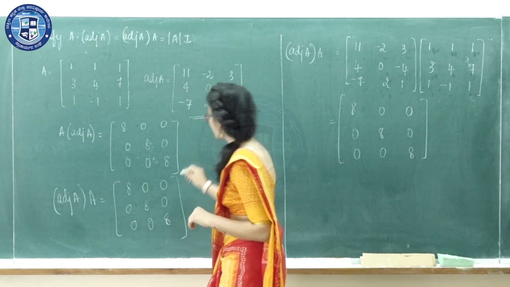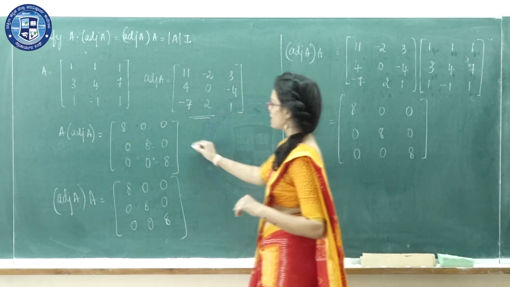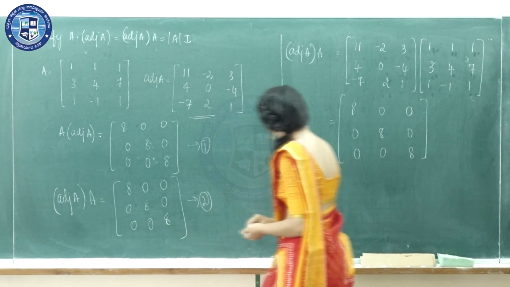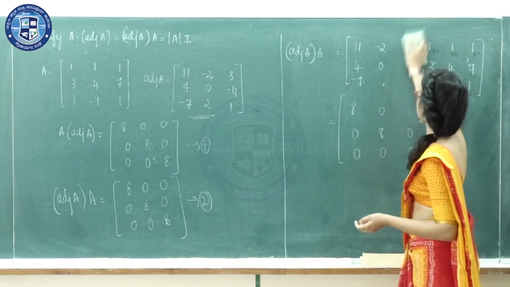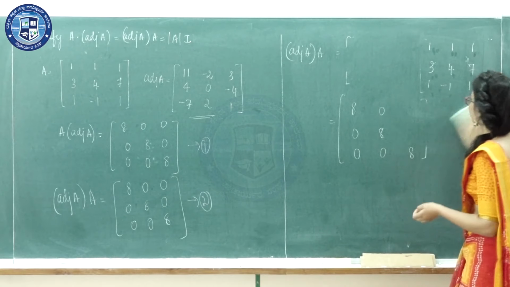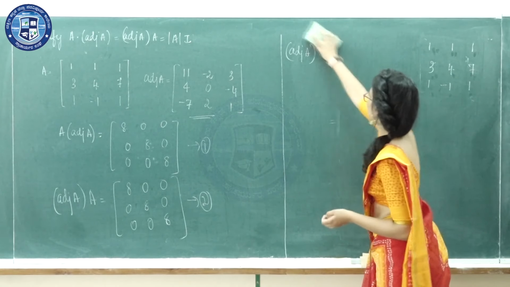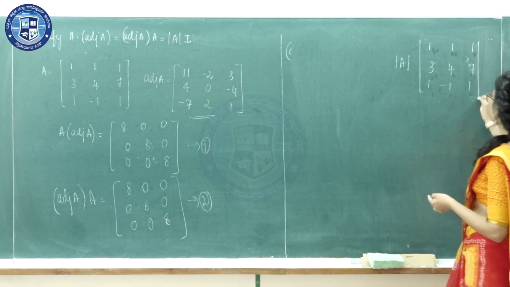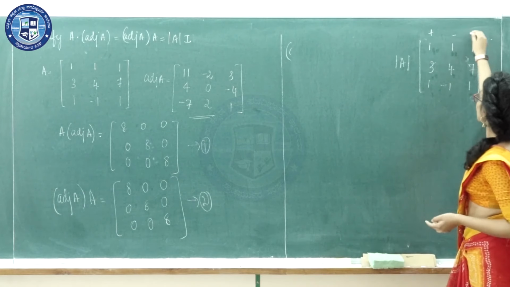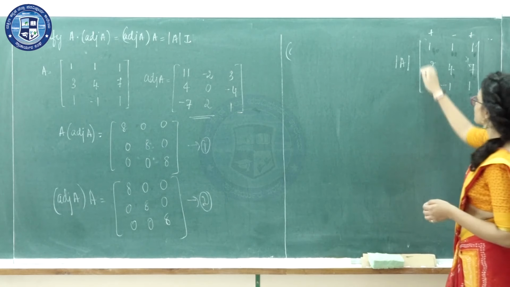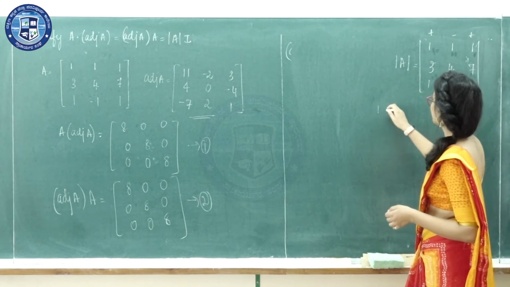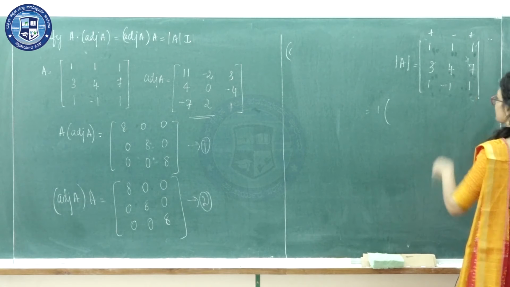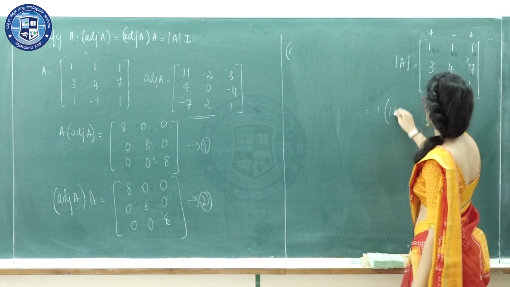Okay. Now, let us find the last part, determinant of A into I. Let us take this as equation 1, equation 2. Now, let us find what is determinant of A. So, determinant A is equal to, we will assign the signs plus minus plus and expand this using the first row. We get 1 into, this is 4 plus 7 is 11.